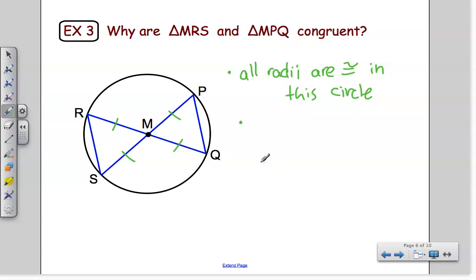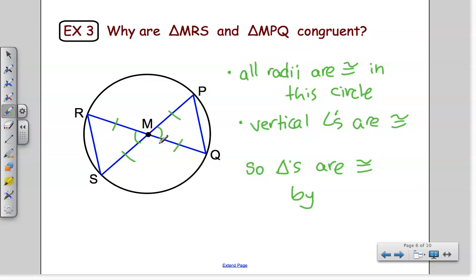Do you see a special angle pair? What kind of angles are these right here? These are vertical angles, and what do you know about vertical angles? They're congruent. So the triangles are congruent by what shortcut?